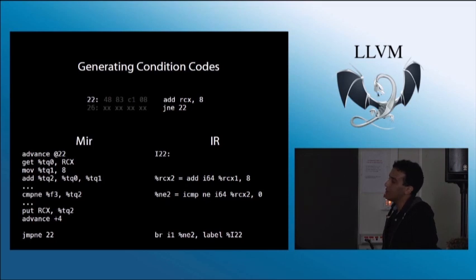What I didn't show in the previous slides is that for every instruction that updates the e-flags register, here in x86, we just compute every condition code that's in the register. For instance, we have CMP NE, CMP GE, things like that.